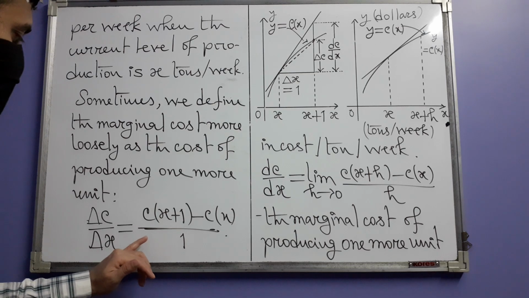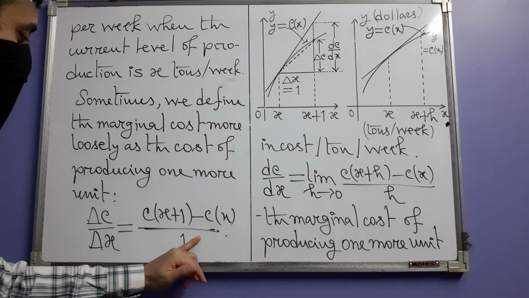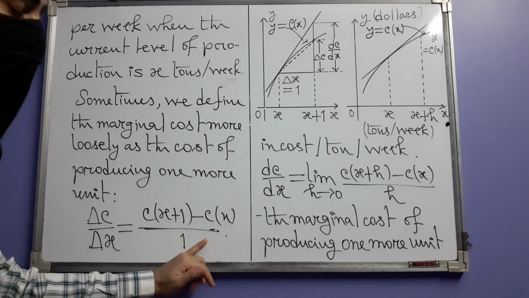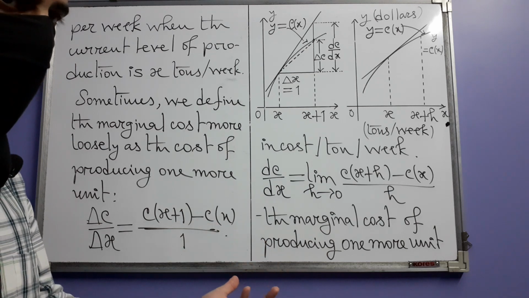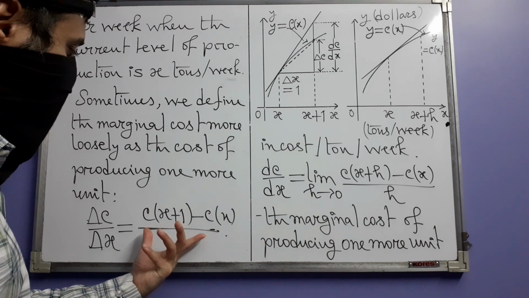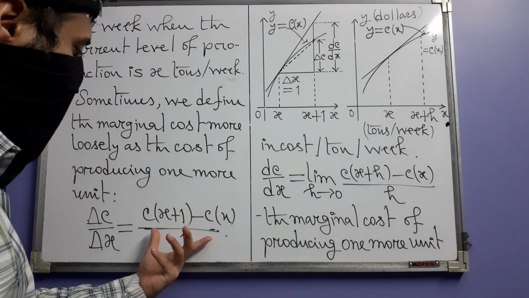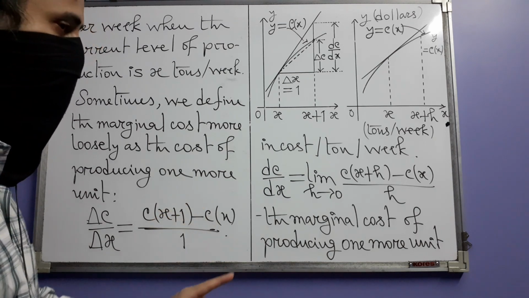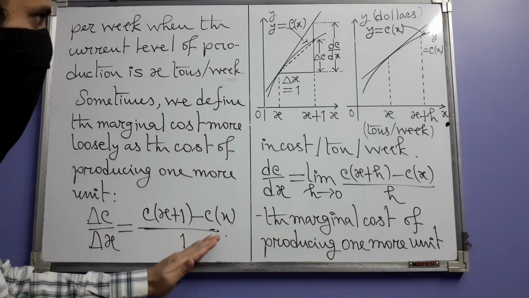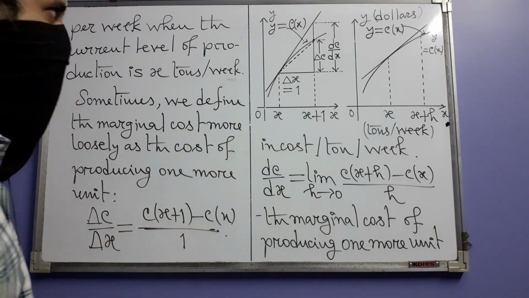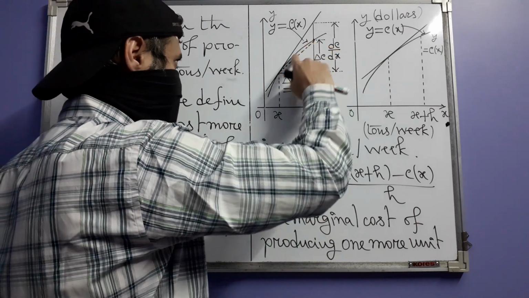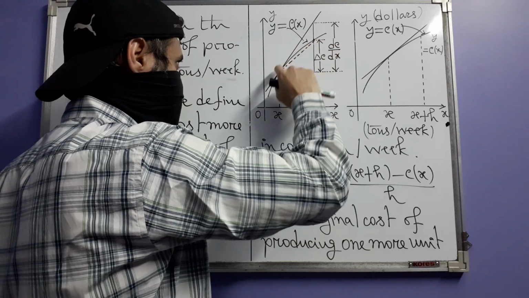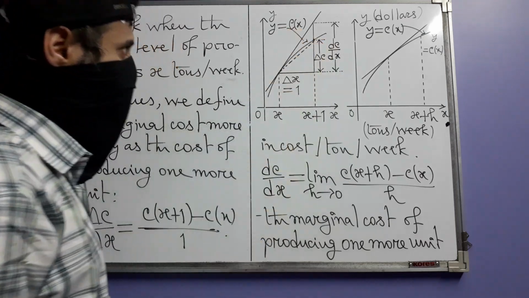Whereas this thing is an average. The average rate of increase in cost when you produce one more unit is this. And that is the slope of this secant line joined by these 2 points on this curve.